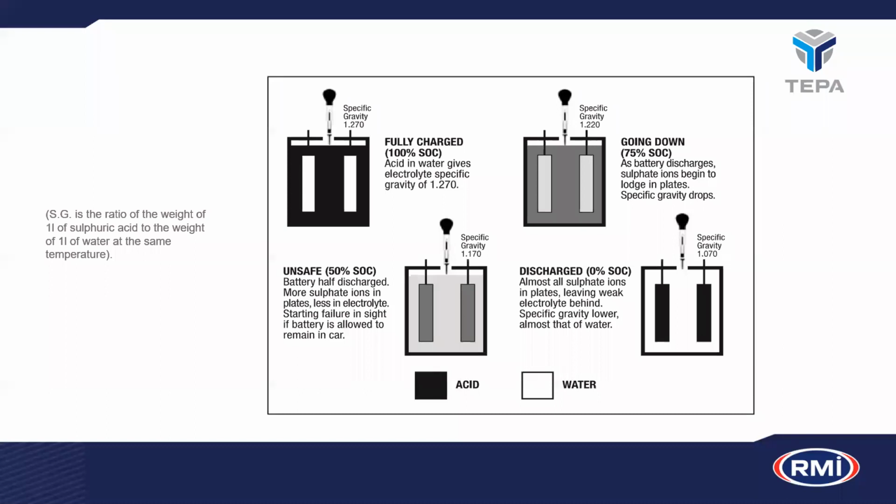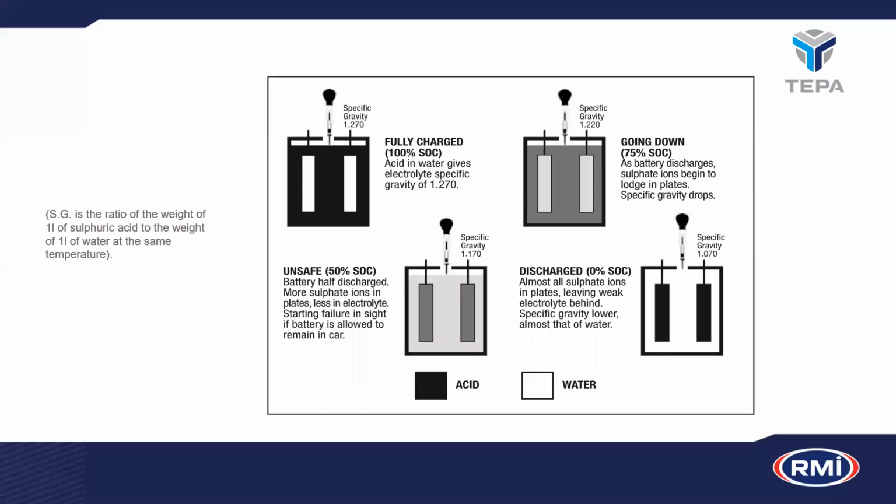When you get to a 50% state of charge, you are starting to fail the battery, and the specific gravity shows at 1.17. A fully discharged battery is at 1.070, and you can see in the picture that the volume of water in the battery is almost 100%.